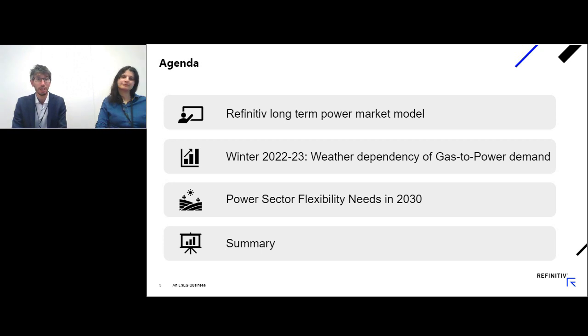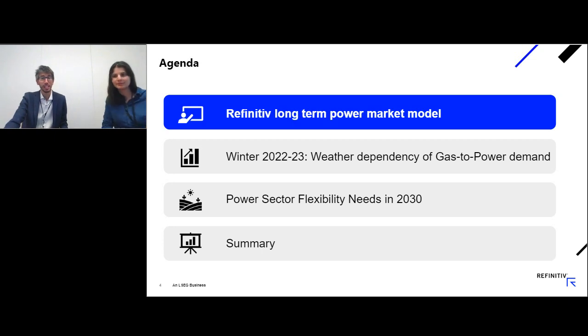Talking in particular about the challenges in the winter 22-23 and the need of gas for power, how that's affected by different risks and scenarios. And then I will be taking you through the power flexibility needed in 2030. So we'll move to the long term, and finally we'll close with some remarks and summary.